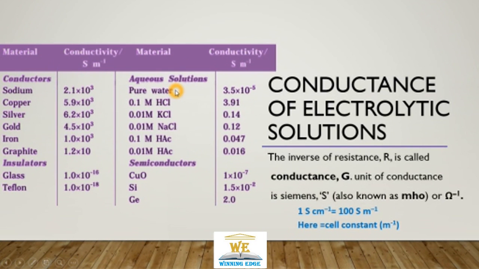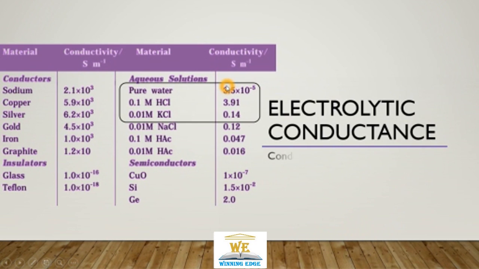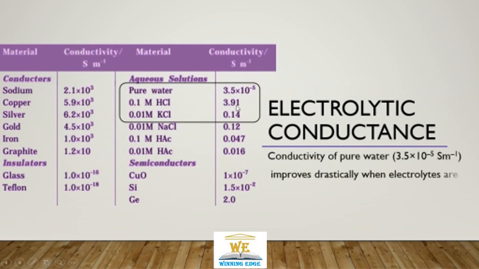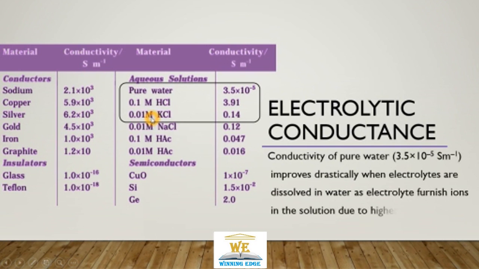Now coming to aqueous solutions, here we see the conductivity of pure water is 3.5 times 10 to the minus 5. It's comparatively low. 0.1 molar HCl is 3.91, roughly 1 lakh times higher, and 0.01 molar KCl is 0.14.